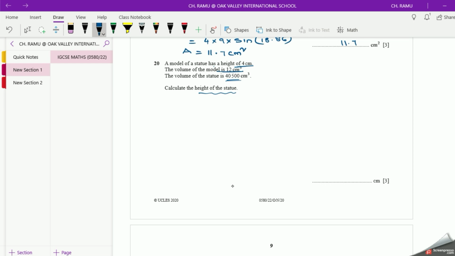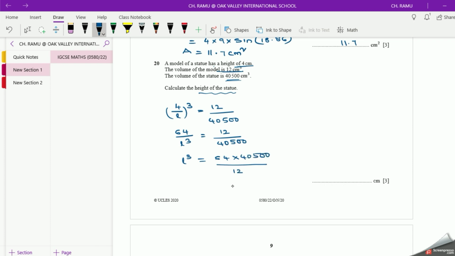See, according to the question, we can write very clearly (4 by L) whole power 3 is equal to 12 by 40,500. That is 4 cube, 64 by L cube is equal to 12 by 40,500. Now we will do the simplification. Do the cross multiplication, L cube is equal to 64 into 40,500 divided by 12.